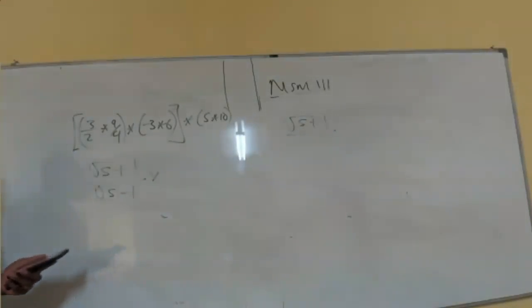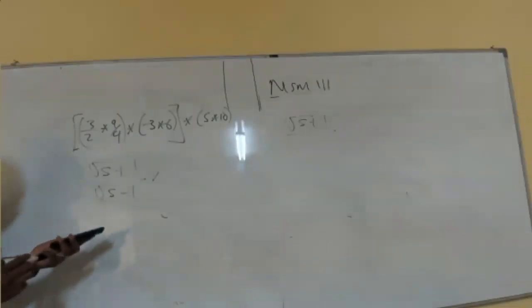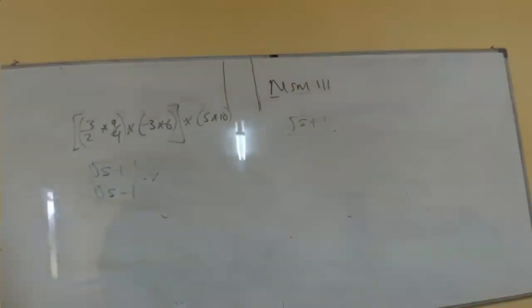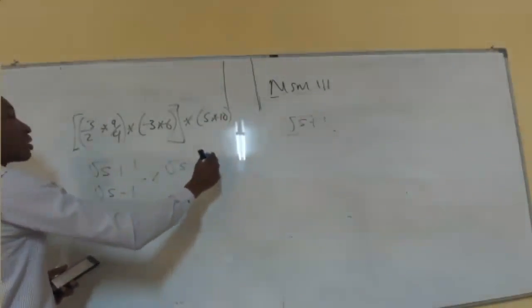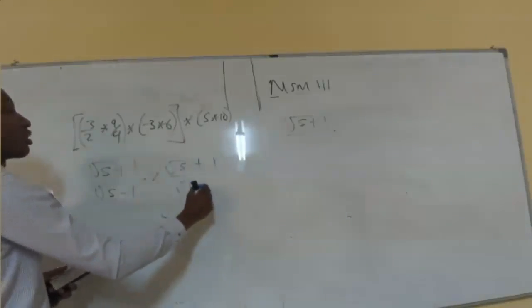Multiply this by its conjugate. So this is root 5 plus 1 over root 5 plus 1.